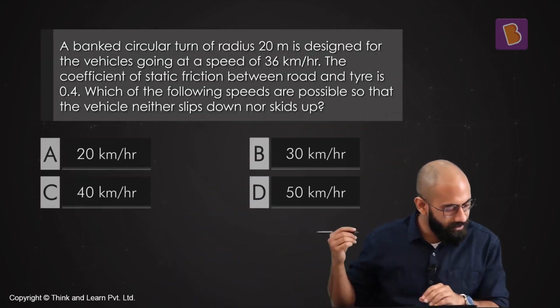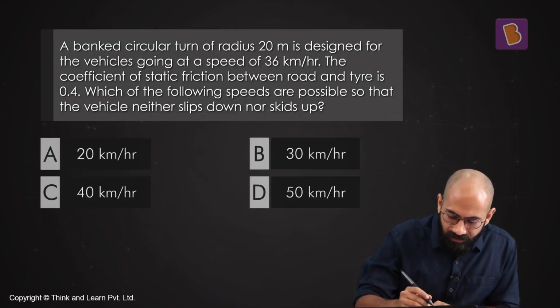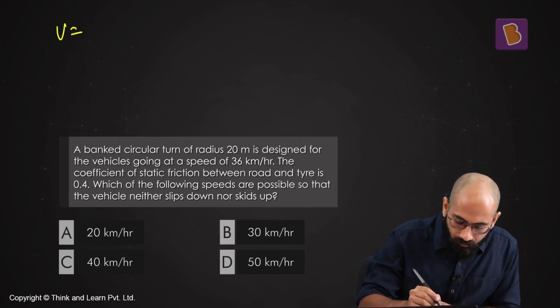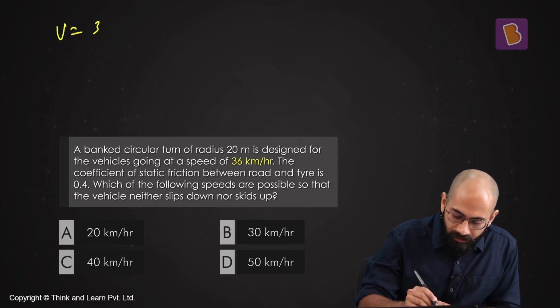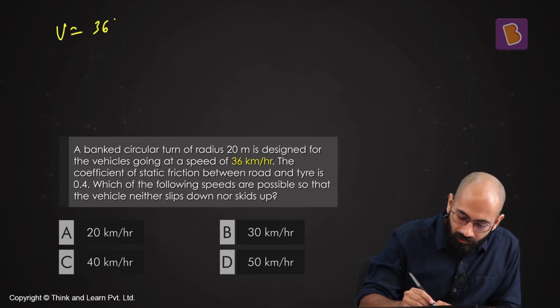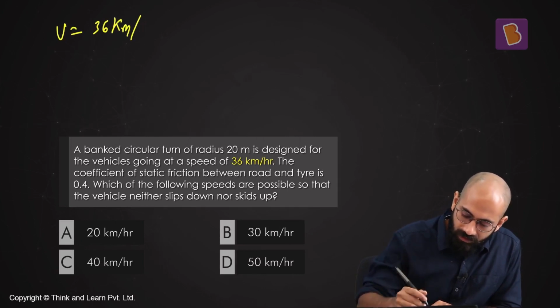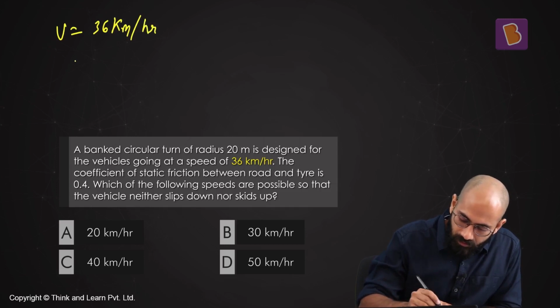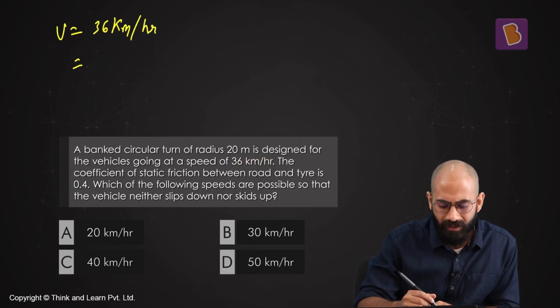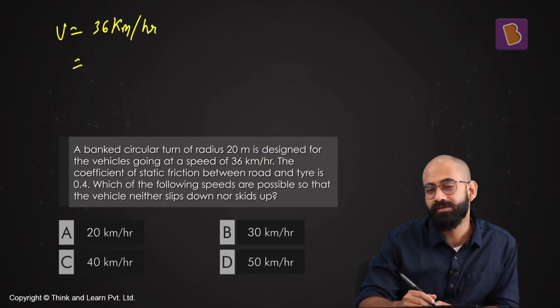So what does the question say? The question says that the speed is 36 kilometers an hour. It's always better to convert this to SI units. So if you convert, that's 36 kilometers is 36,000 meters in 1 hour divided by 3,600 seconds.